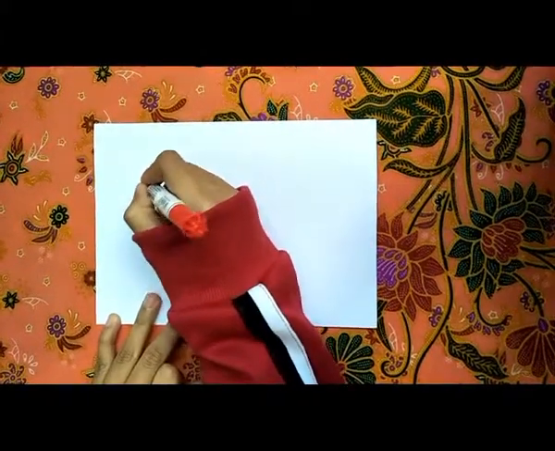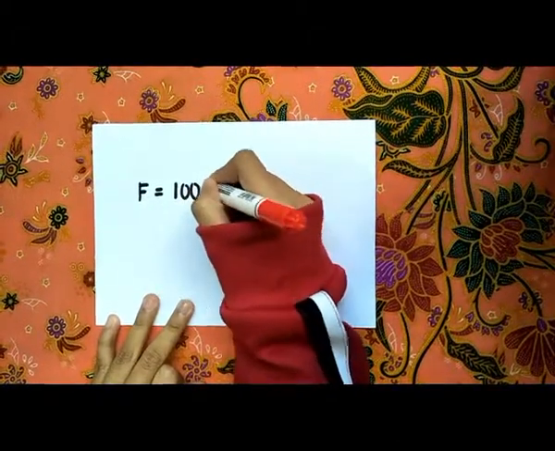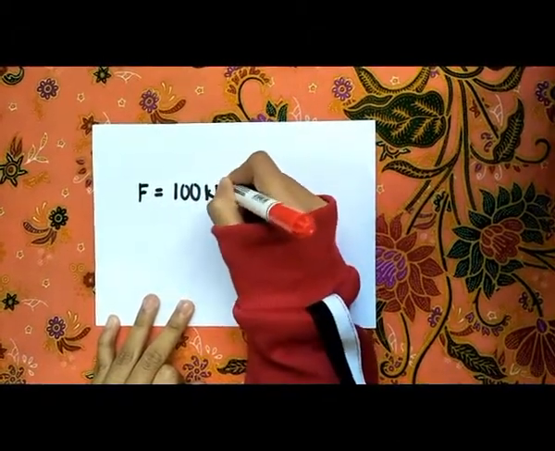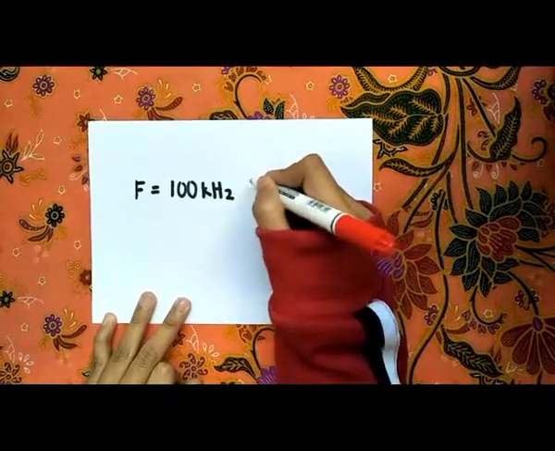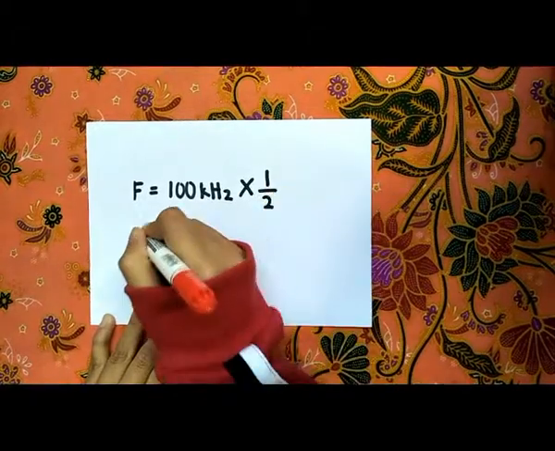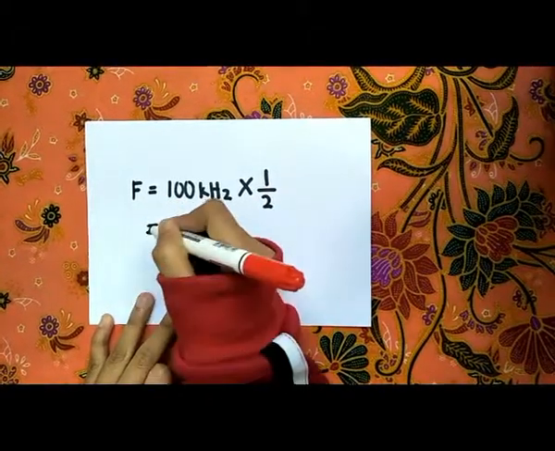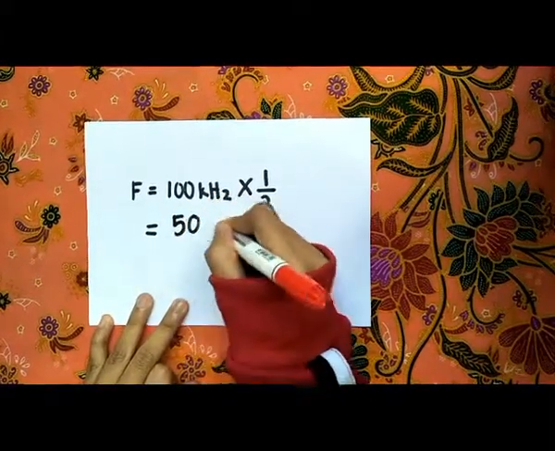Based on the statement, it was given 100 kHz of frequency. Because the output waveform in both cases is equal to half the frequency of the clock input, we multiply it by half, and then we get 50 kHz of frequency.